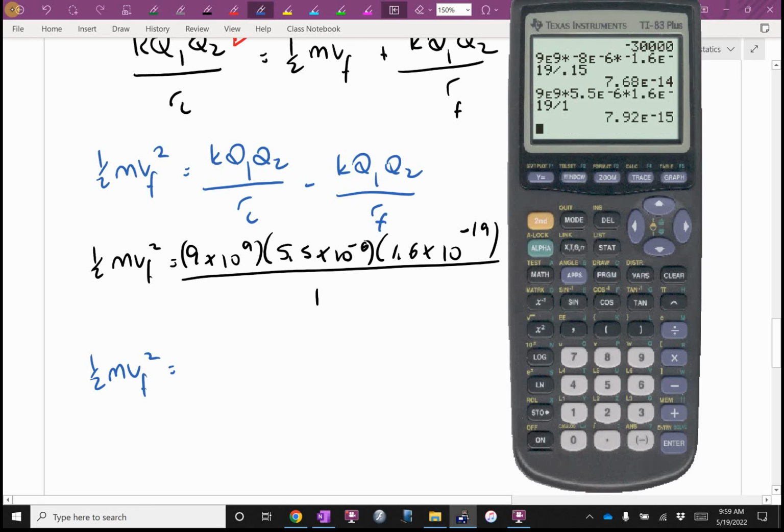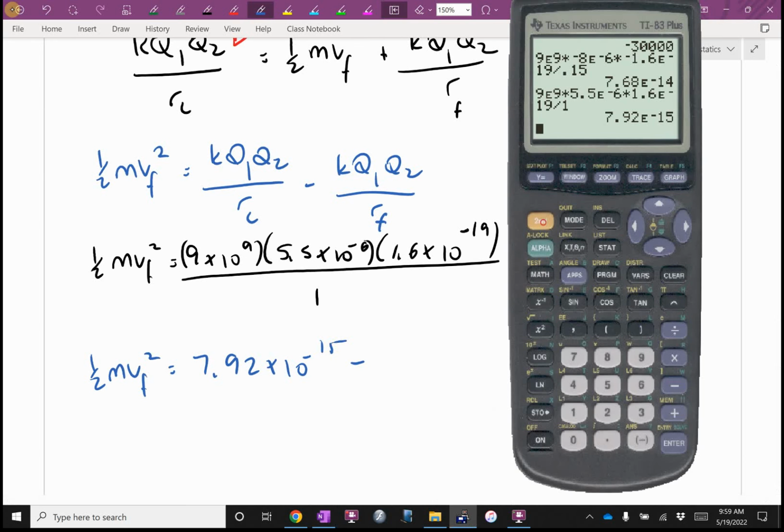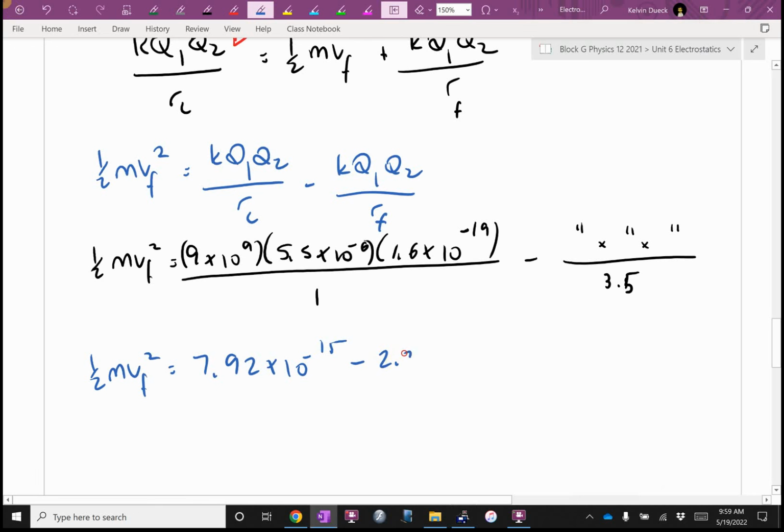So I get 7.92 times 10 to the negative 15, and then minus, repeat, but with a 3.5 there, 2.262, I'll go 2.263 times 10 to negative 15, because I'm going to use my answer button.